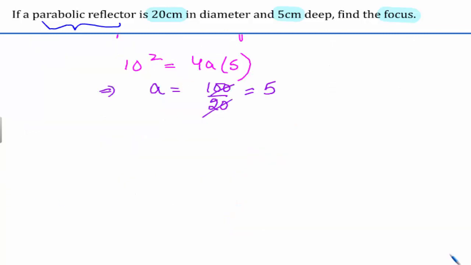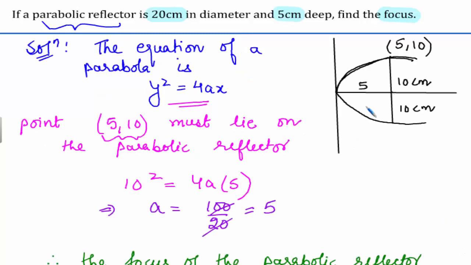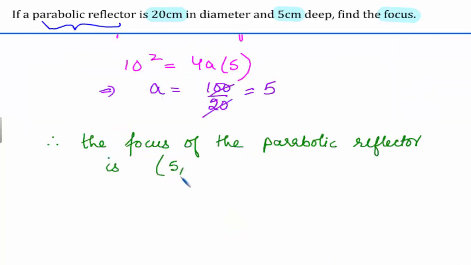Therefore, the focus of the parabolic reflector is the midpoint of the given diameter, which is at this point, and this point is given by (5, 0). Since this distance a is 5, therefore the focus is given by (5, 0).